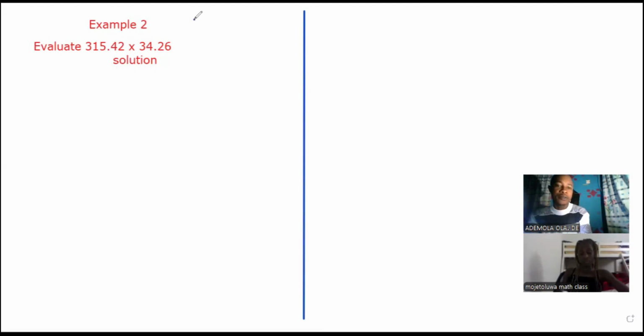So we have 31542. Then this one, start from the right and arrange towards the left. We have 6, 2, 4, 3.